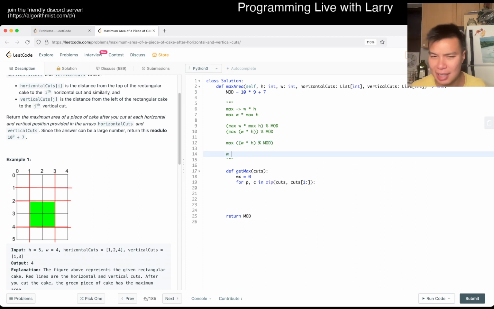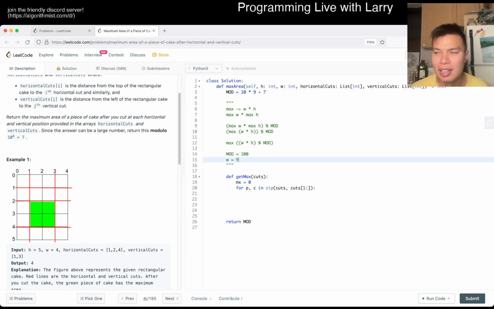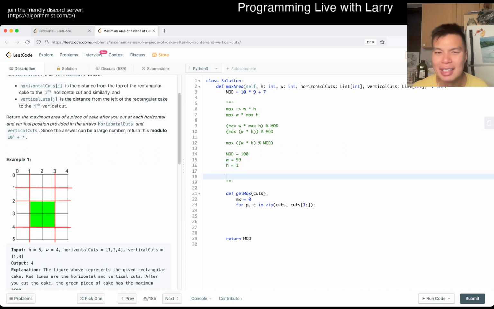One easy example, and I was going to say I would pause right here, you can press the pause button and see why that is, or try to figure out a case where that is wrong, but I'll give it to you right now. Instead of using this big mod, I'll use something more simple. Let's say mod is equal to 100. Well, if width is equal to 99 and height is equal to 1, then your max after the mod is going to be equal to 99, right?